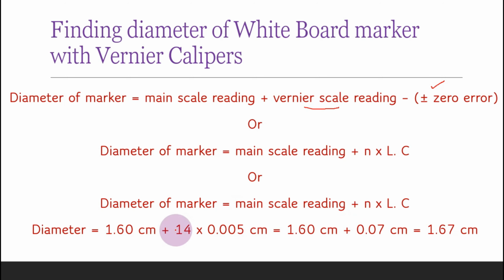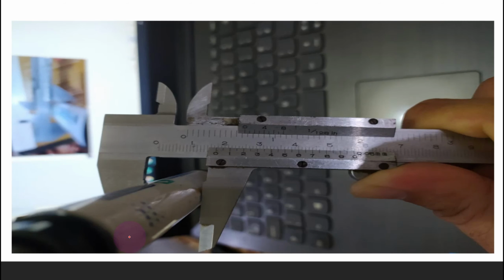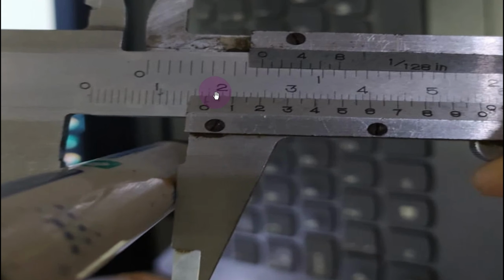The main scale reading in our example is 1.6 centimeter; from this point till here it was 1.5 and it is 1.6. If you want to see it enlarged, let me zoom it. So here it is 1, 1.1, 1.2, 1.3, 1.4, 1.5 and 1.6.